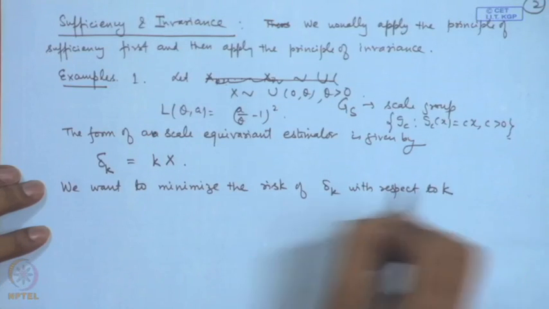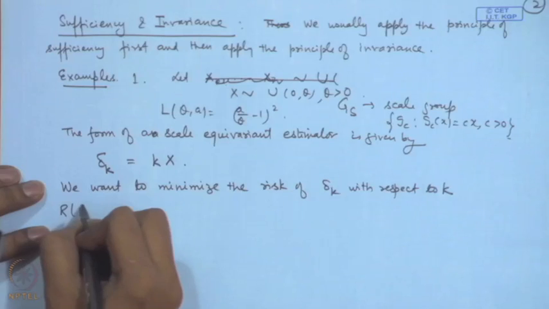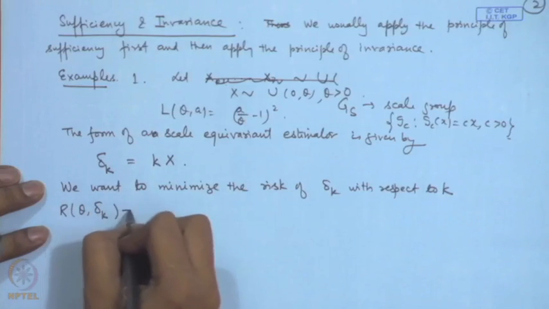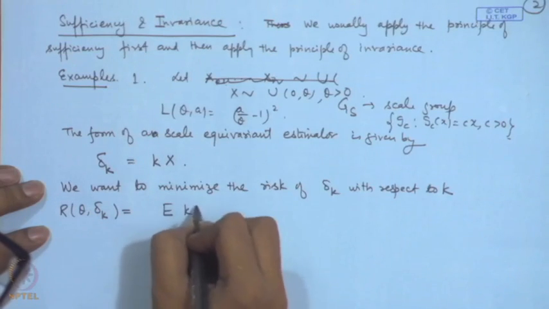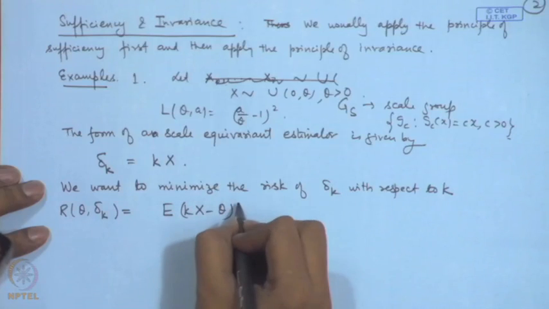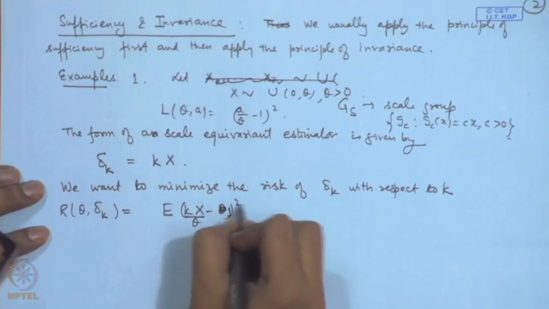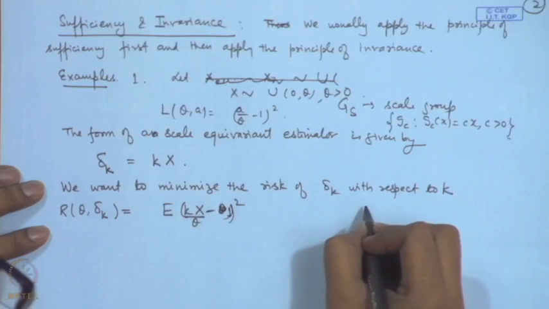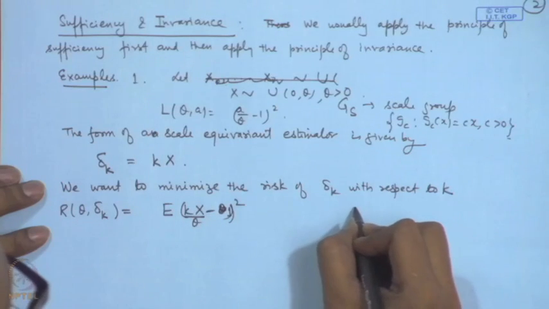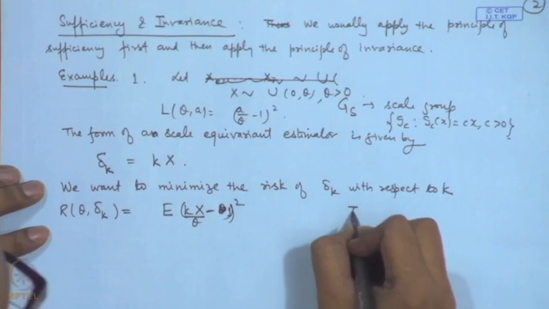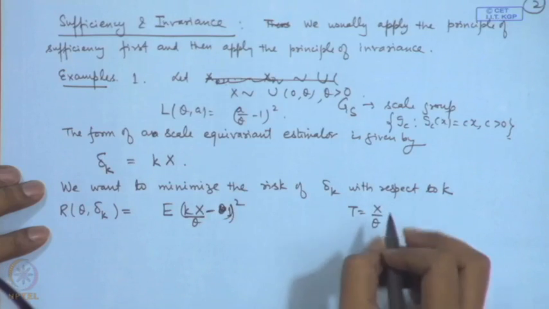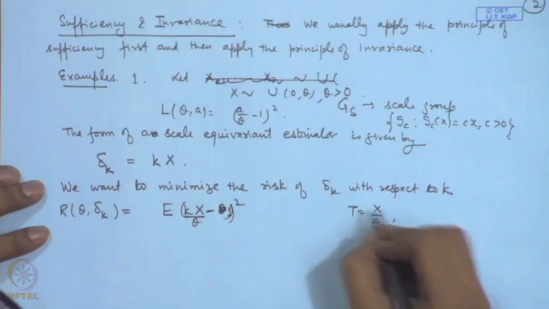So, let us consider the risk of delta k, that is equal to expectation of (k x minus theta) square, sorry, (k x by theta minus 1) square. Let us substitute, say, t is equal to x by theta. Then what is the distribution of t?